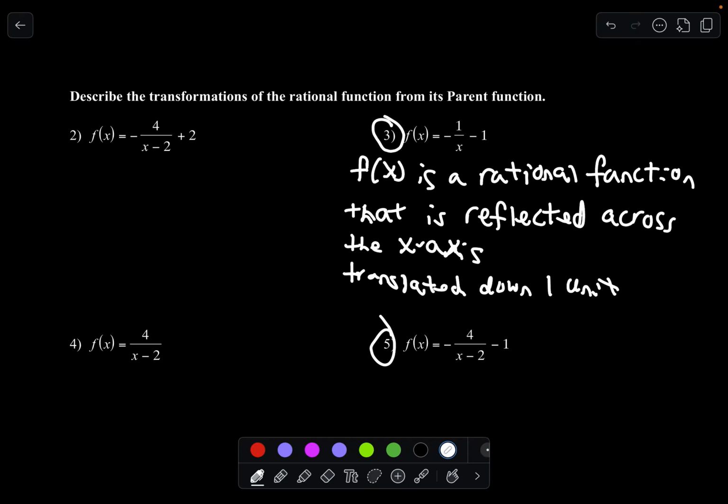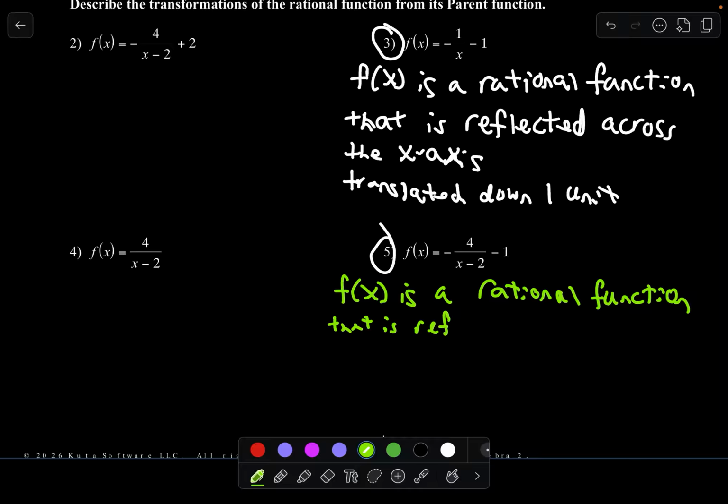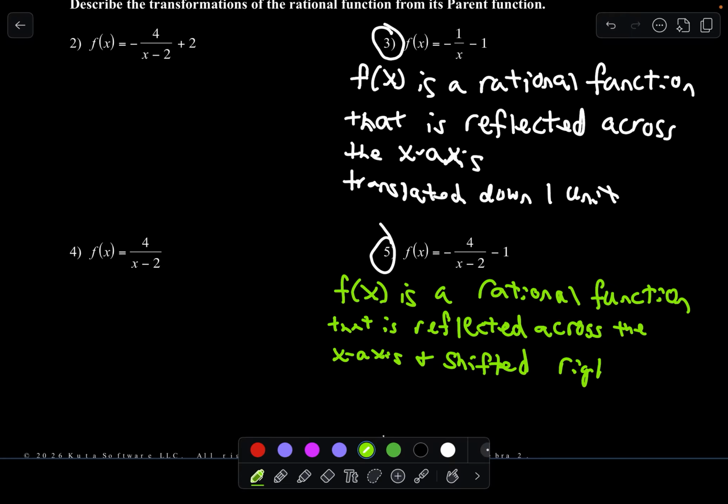And that's it. For number 5, very similar to number 3, except there's also a horizontal translation. f of x is a rational function that is reflected, because of the negative sign in front of the fraction, across the x-axis and shifted right 2, because it's a negative 2, and remember your x's are liars.